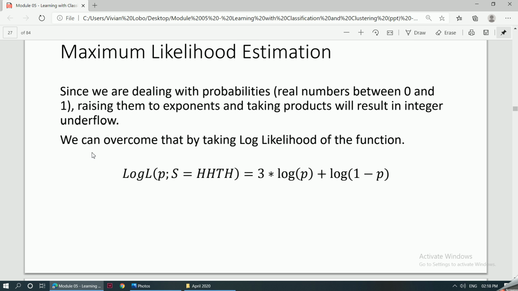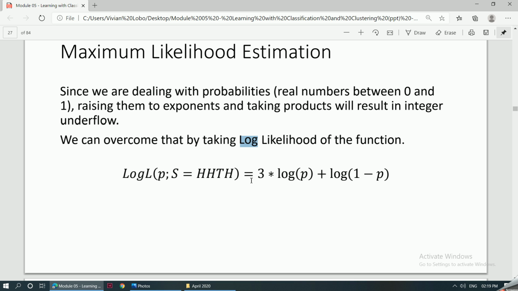So what is done? We know the probability for this P, which is not known to us, and S is the observation which is given. Instead of using exponential values, we are simply using log.